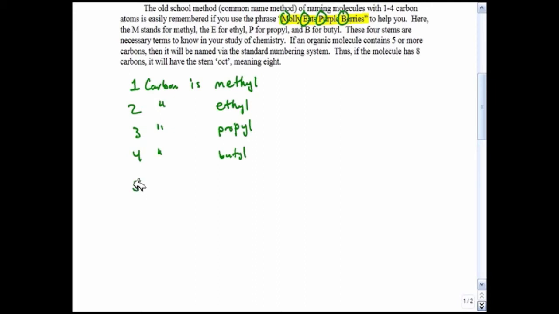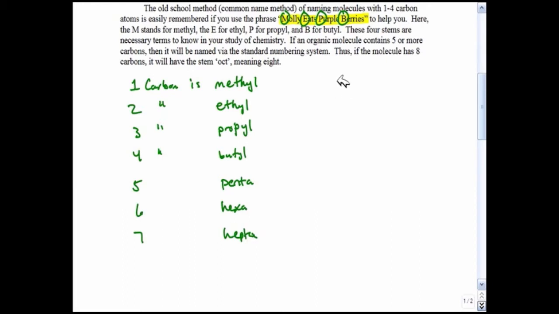After that, if we have 5, we would have a stem on our name called penta, for pentane. 6, hexa, 7, hepta. This is the common stuff you learned when you were taking Chem 1211.